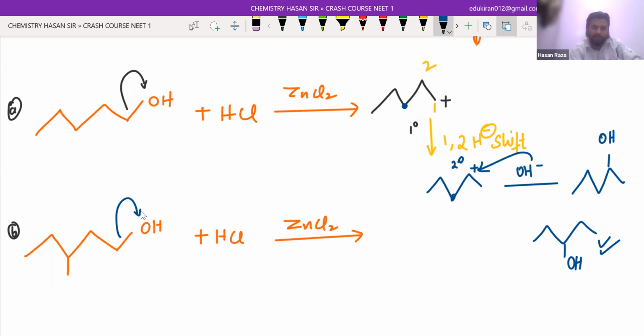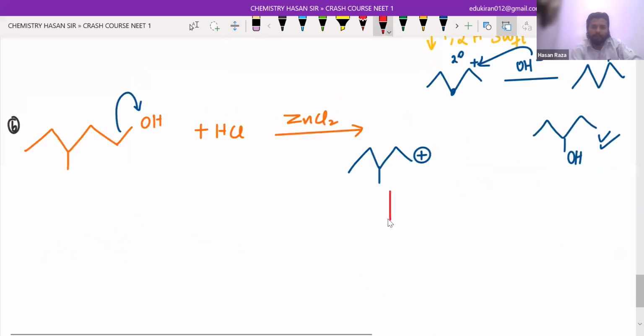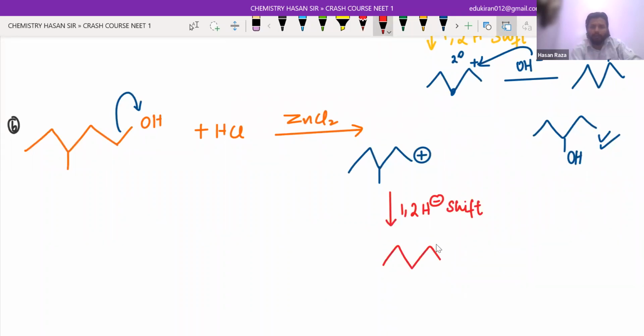Now you will see this. This will move like this, and the rest part will be as it is. Now you can see if you are going to move this, 1,2 hydride shift, 1,2 hydride shift, then what will happen? This was your 1 degree. Now this is your 2 degree.